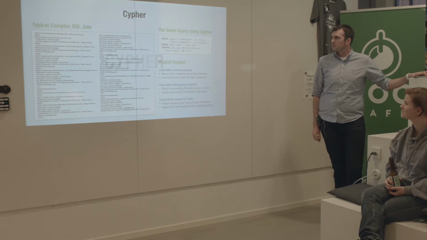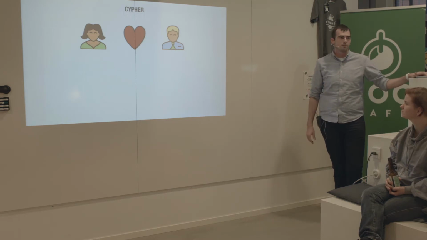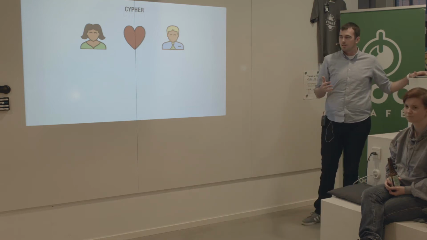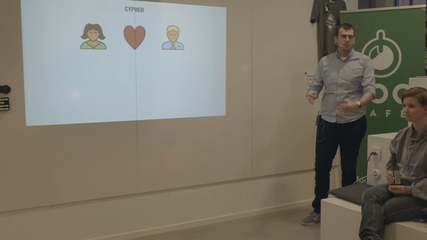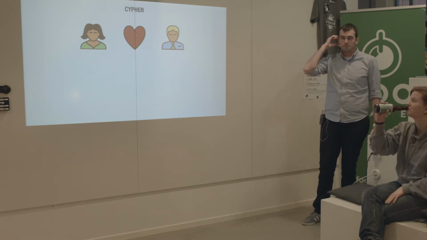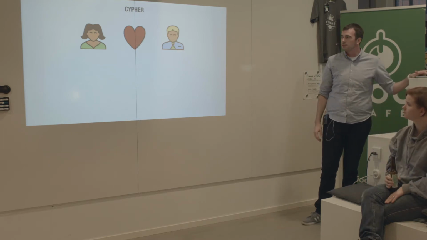So again, Cypher is a language that's used to query in Neo4j. It's a language that we invented and are opening up to the world. You can't write Cypher for another database at the moment, but it's available for other databases to implement, and hopefully will be soon, because we're working with a couple of other vendors to do that.